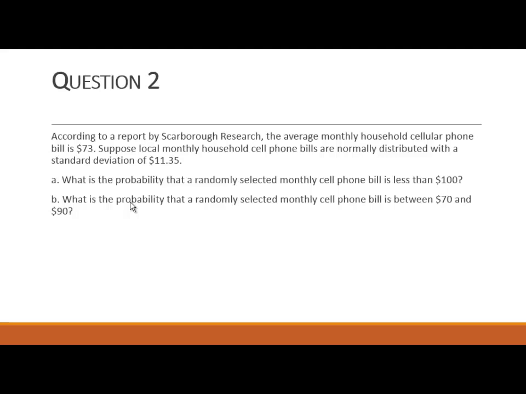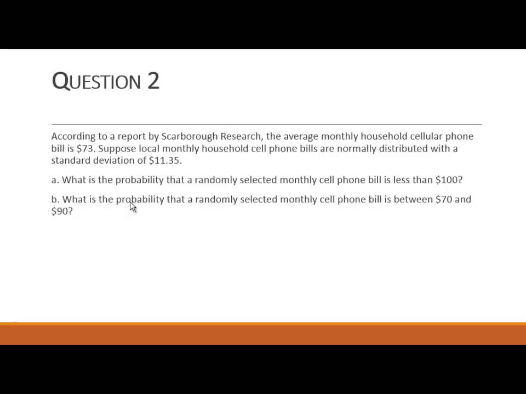Suppose the local monthly household cell phone bills are normally distributed with a standard deviation of $11.35. So that is the given information, that is the data. Then you can ask a whole bunch of questions like what is the probability that a randomly selected phone bill is less than $100? What is the probability that a randomly selected bill is between $70 and $90? And a whole bunch of other questions.